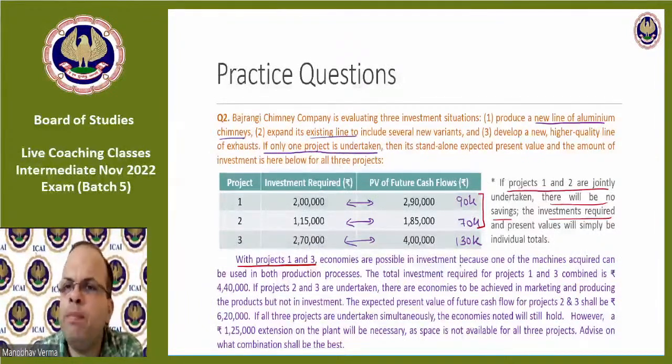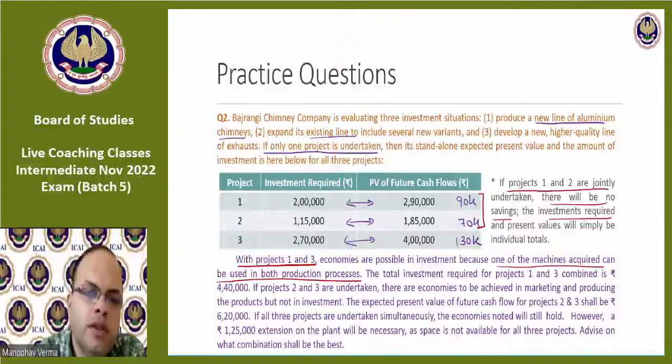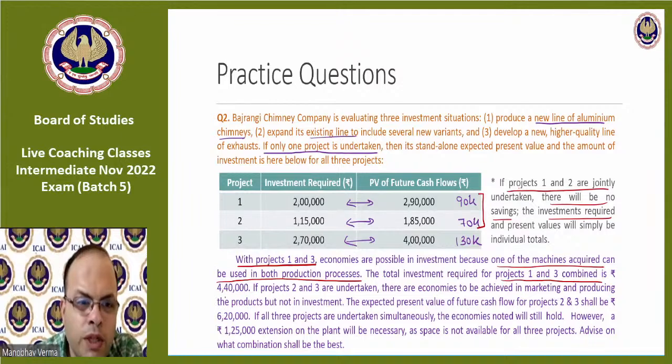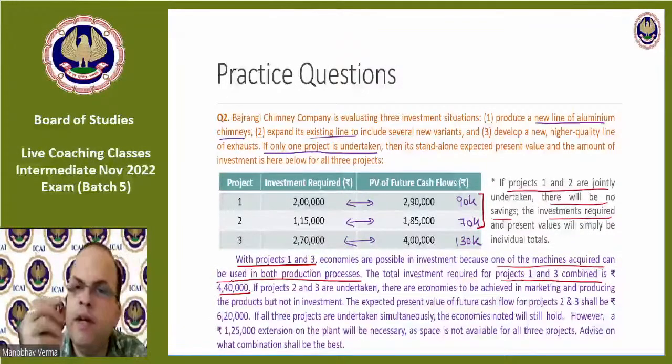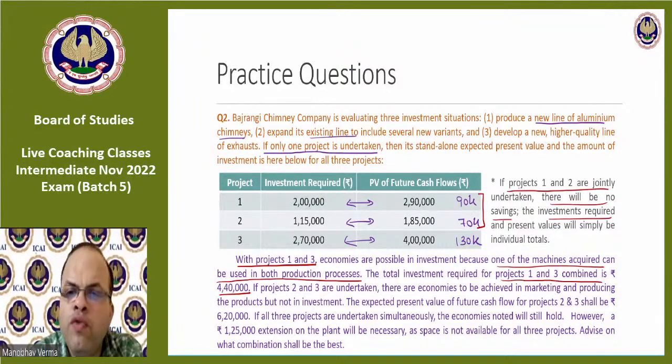Economies means that you can probably utilize the resources of both the projects. One of the machines acquired can be used in both the production processes. The total investment required with projects 1 and 3 combined would be rupees 4,40,000. Guys, please bear with me here. We are talking about 4,40,000.